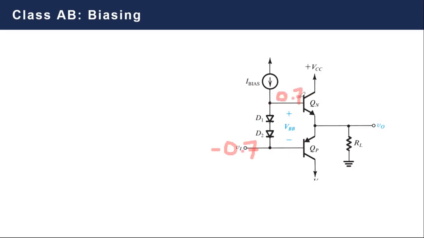So again, you solve the problem of the dead band by inserting these two diodes, which will create a base-to-base voltage equal to 2 V on. So you don't have the problem of the dead band again.